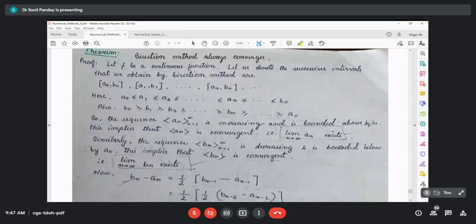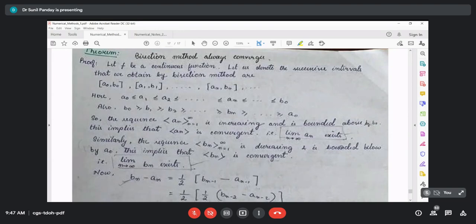To get this, we select 2 points initially, a and b, such that f of a into f of b is less than 0, or f of a and f of b have opposite signs. It means we have guaranteed the root is lying between the interval a and b.